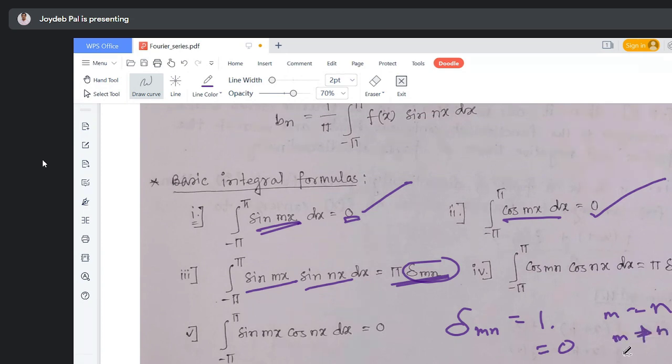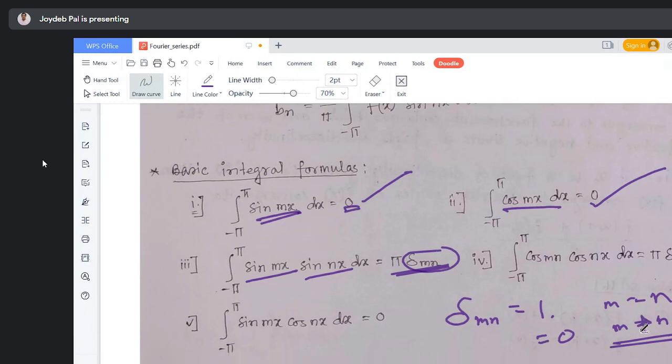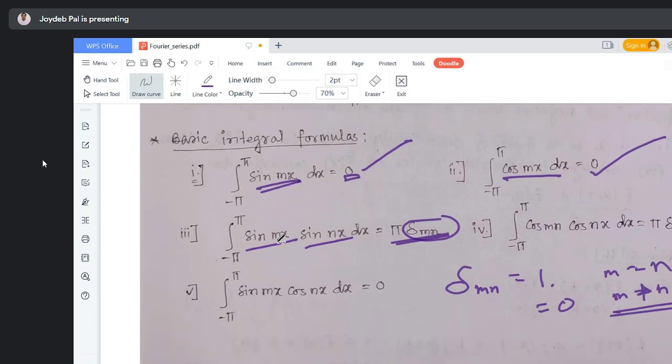ओके, ये डेफिनेशन है डेल्टा एम एन का। तो ये क्या बोल रहे हैं कि साइन एम एक्स एंड साइन एन एक्स, इसका इंटीग्रेशन अगर एम एंड एन इक्वल हो गया तो अल्टीमेटली क्या हो जाएगा, आंसर हो जाएगा पाई, राइट? क्योंकि डेल्टा एम एन क्या है, 1, एम इज इक्वल टू एन केस में। तो इंटीग्रेशन माइनस पाई टू पाई साइन 2x साइन 3x, ये डिफरेंट केस लिया मैंने। इसका वैल्यू क्या आएगा अकॉर्डिंग टू दैट फॉर्मूला? 0.